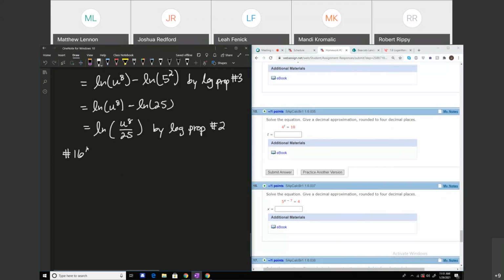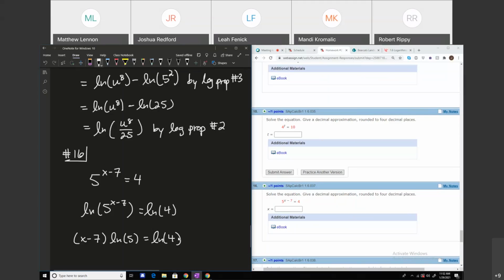So number 16, we have 5 to the x minus 7 equals 4. So I'll take the natural log of both sides. And then I'll bring the x minus 7 in front. I'm going to go ahead and just figure out what those logs are on my calculator.